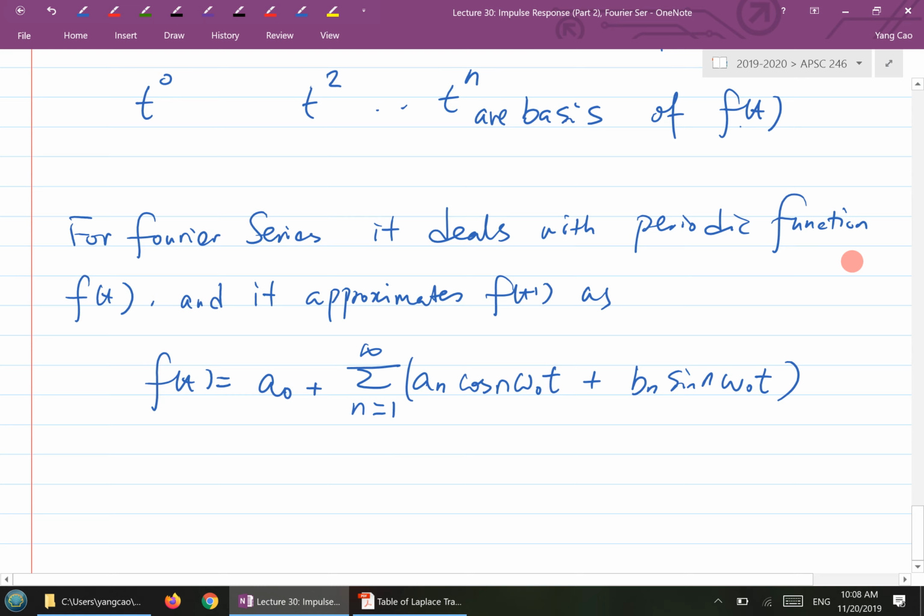Approximate this f of t like this. Here the sum goes to infinity. That's what I told you. This thing turned off by itself somehow. Let's focus on this side here.